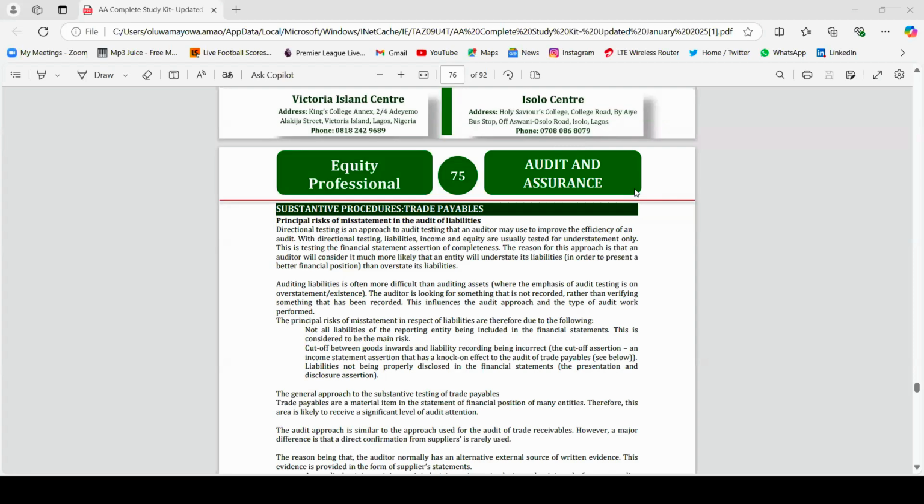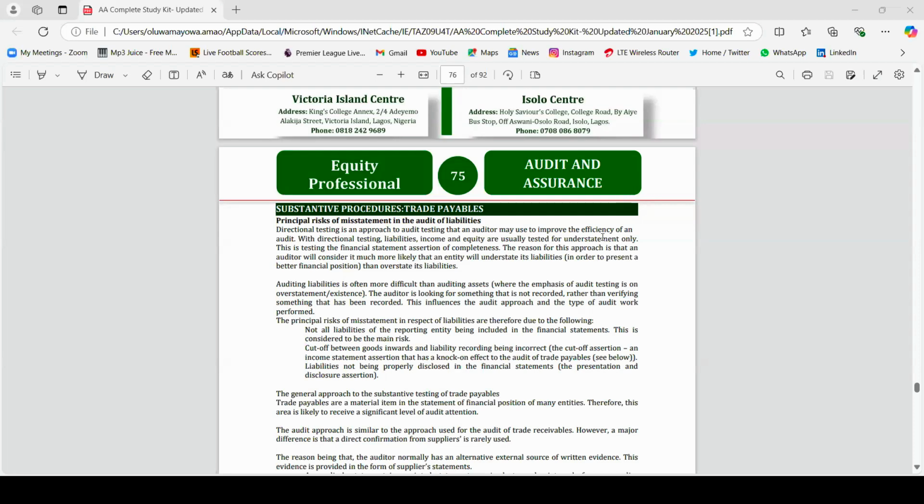They involve you testing for existence, testing for occurrence, testing the various classes of transaction, and the valuation. Basically, what you're doing is trying to discover or test whether there is any material misstatement in all the figures on the financial statement.